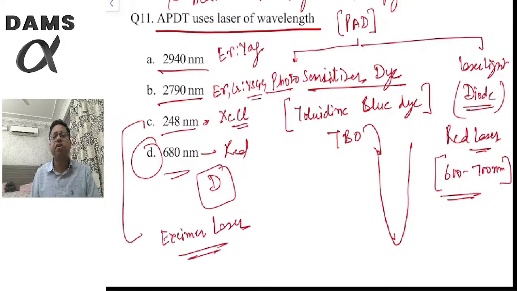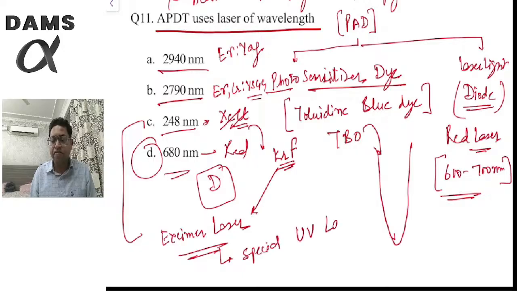Excimer lasers are special ultraviolet lasers. Examples are argon fluoride, krypton fluoride, and xenon chloride. Okay, so these are the different types of laser wavelengths. More specifically, you can remember 248 is for krypton fluoride, KrF. Yeah, type of excimer laser. What are excimer laser? They are special ultraviolet lasers.